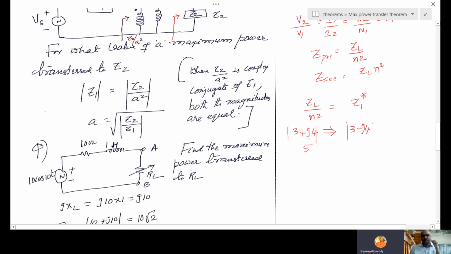What is the magnitude of this? Also 5. So magnitudes are equal. Therefore here the magnitudes are equated: mod of Z1 is equal to mod of Z2 by A square. Solve for A, you get this.